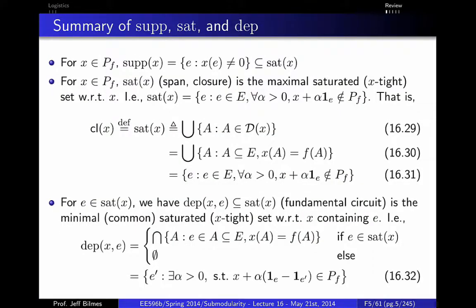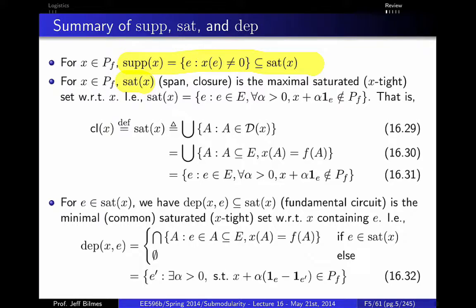So in any event, actually, there is no sup. It's just sup, sat, and dep. So just to remind ourselves of these definitions, because we will need them presently, the sup is the support of the set. It's basically the non-zero entries.